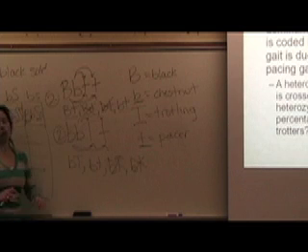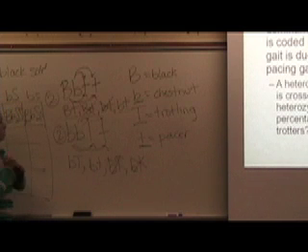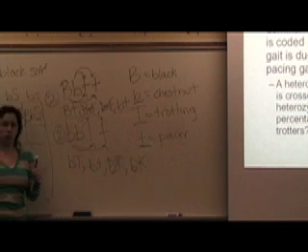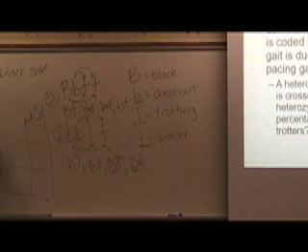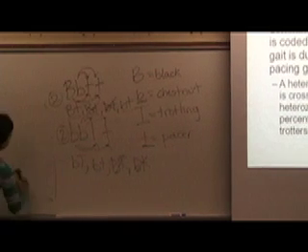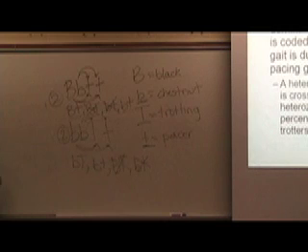Each gamete has two letters, so I can make this into a 2 by 2, or four-box, Punnett square. Let's erase the old one so we can see what that looks like. I'm going to put two gametes on the side and two gametes on the top.